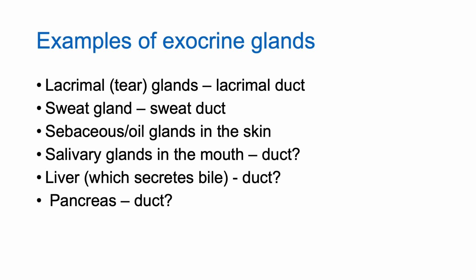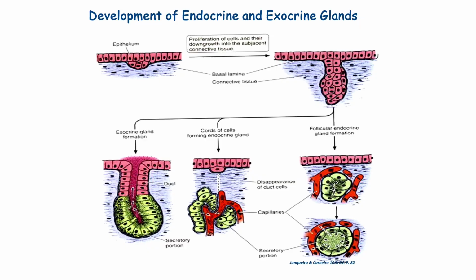In as much as you have these examples, we also have that of the endocrine glands, which we will get to shortly. Now I want to take the opportunity to just introduce you to the development of these glands. As you can see, you have an epithelium that is developing a downward growth, okay, and as it keeps on growing, it forms an invagination, and this invagination is made up of cells that can either form exocrine or endocrine glands.